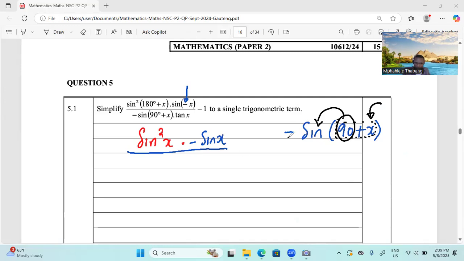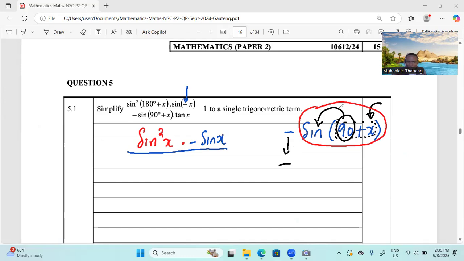I'm going to write this negative. Now, let's work with this one. Let's work with sine of 90 plus x. It's always important to decide on the sign of your trig ratio. Let's work with the sign first.